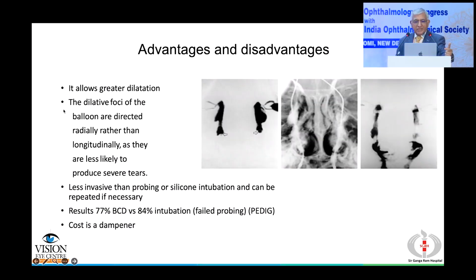Now, the advantage is that it allows greater dilatation because balloons are directed, they give a pressure radially on the duct once you have opened the obstruction, and therefore they do not produce tears, and it is a relatively less invasive procedure. However, results are not any better than intubation in cases of failed probing according to the large multicentric PEDIG study, and they are costlier.